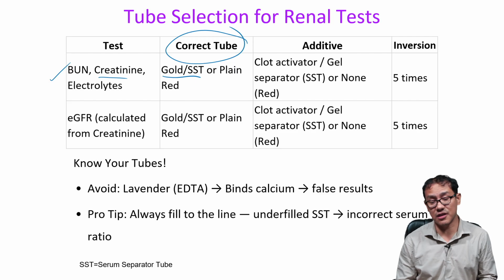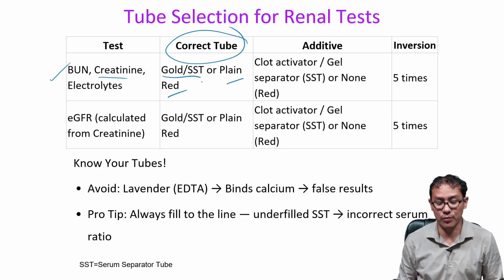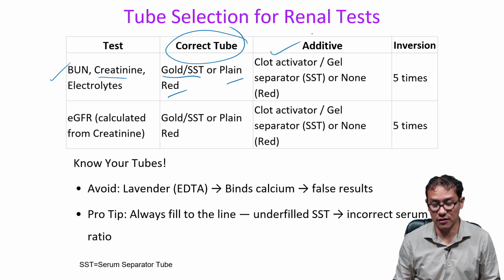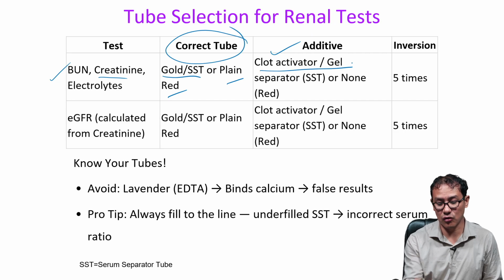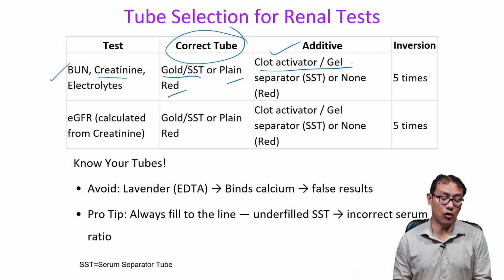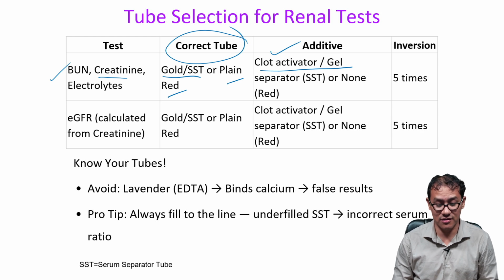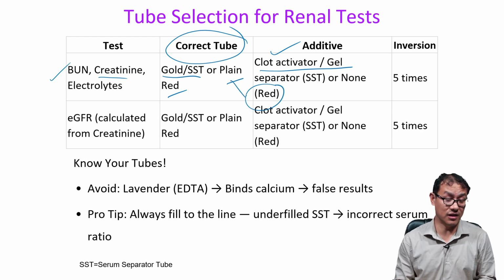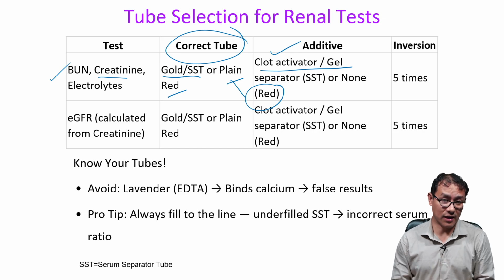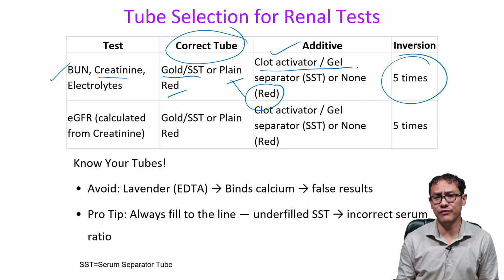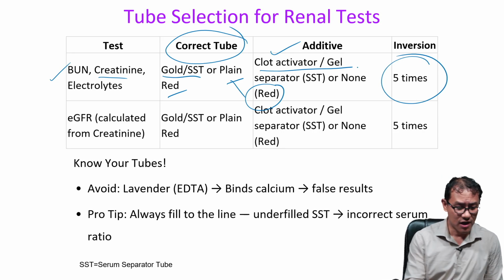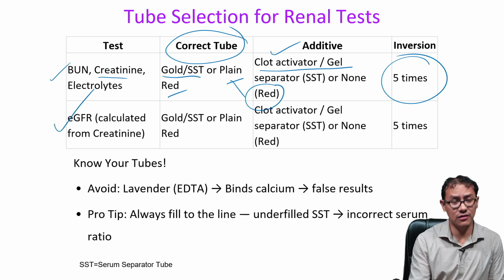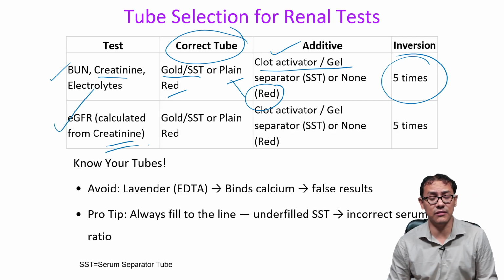SST is the serum separator tube, containing a gel separator or clot activator, or the plain red tube can be used. These are important because you want to get the serum. You can do inversion up to 5 times, and eGFR can be calculated from the serum creatinine level.